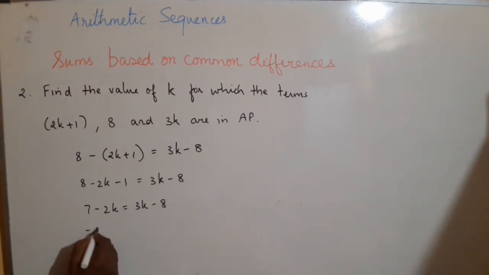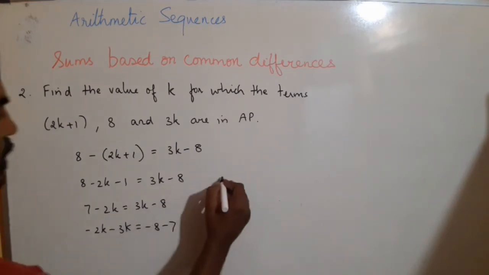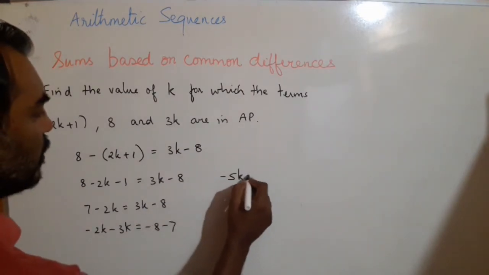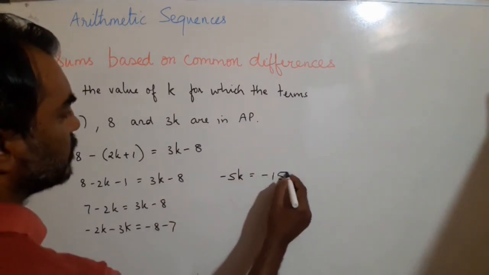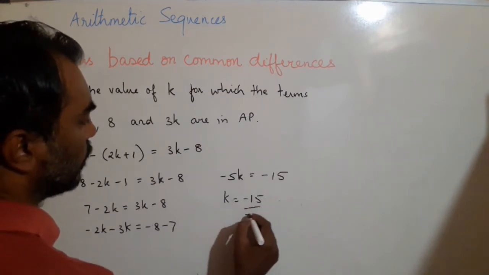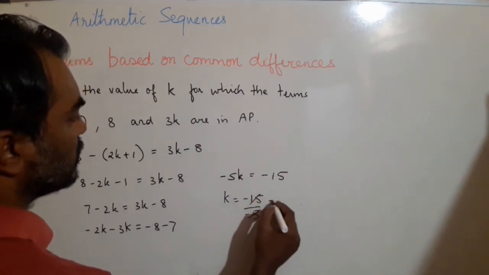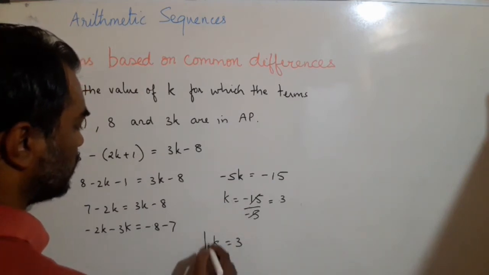So we have minus 2k minus 3k equals minus 8 minus 7. Minus 2 minus 3 gives us minus 5k. Minus 8 minus 7 gives us minus 15. So the value of k is minus 15 upon minus 5, which gives us 3. So the value of k is 3.